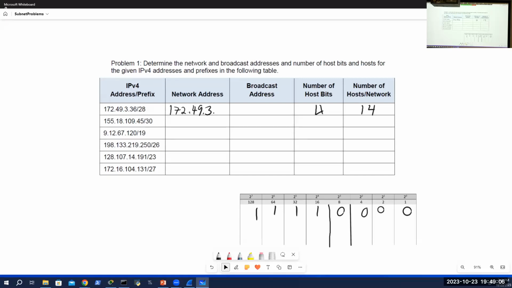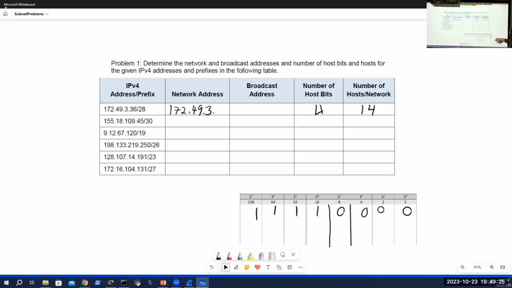Now, the easiest thing to do, I mean, you could do all the binary ANDing and it would tell you the network address. I recommend that if you haven't done that as an exercise, you should, just so that you understand the process.